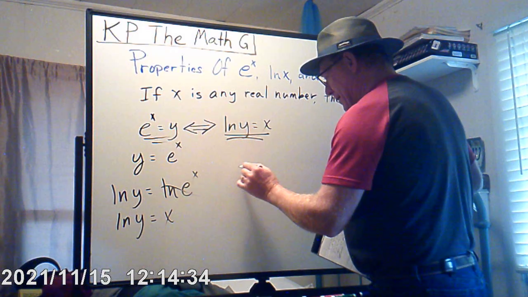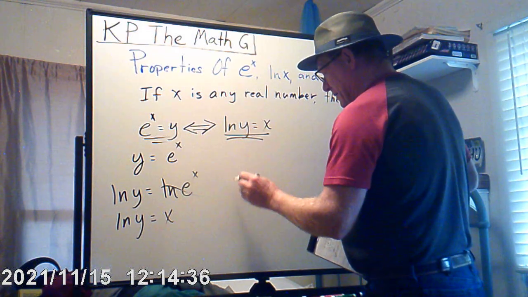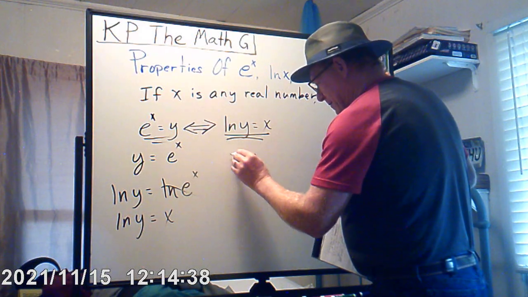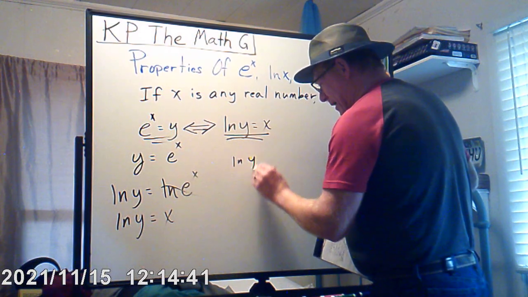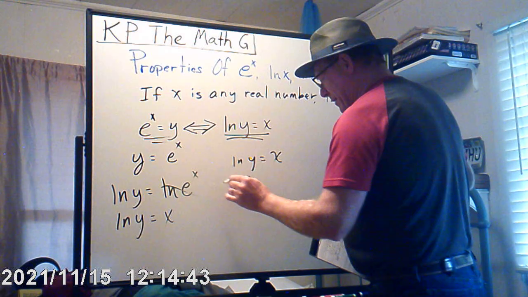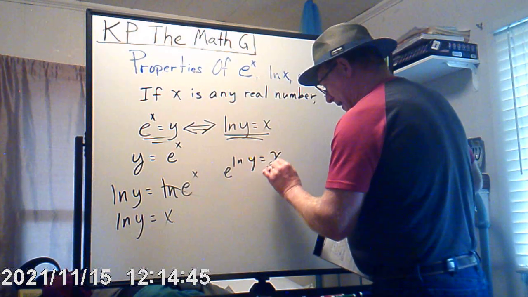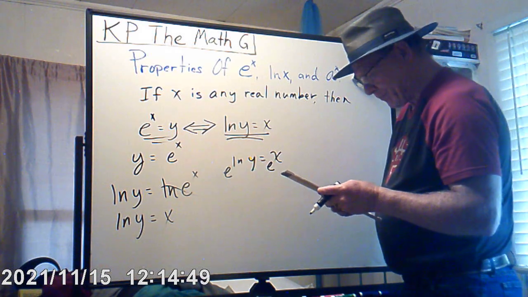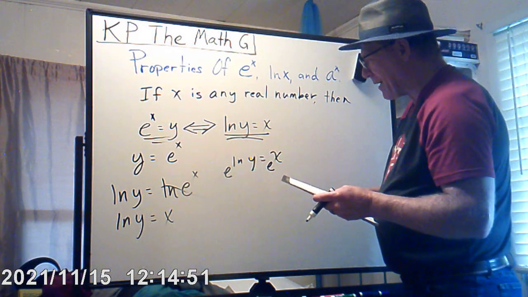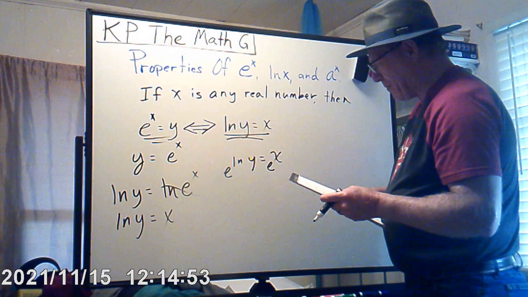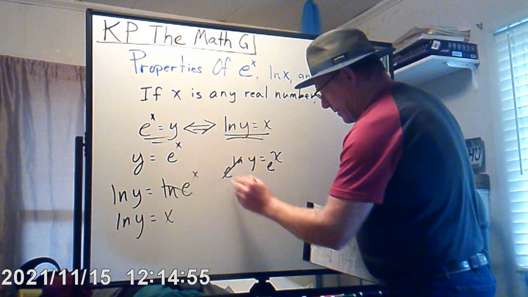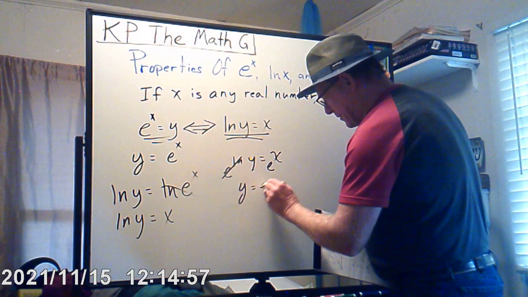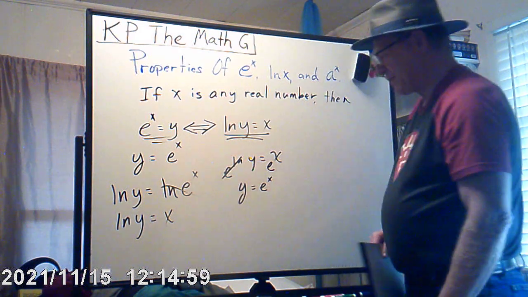Well, on the other hand, ln y equals x right here. If we take e to both sides, we've got these going out, and y is equal to e to the x.